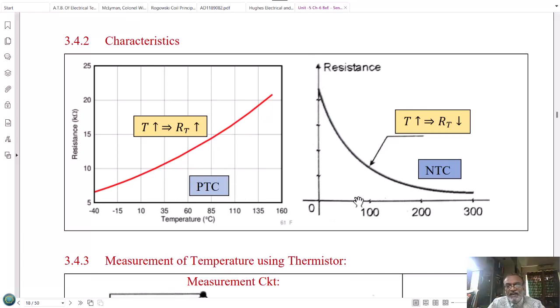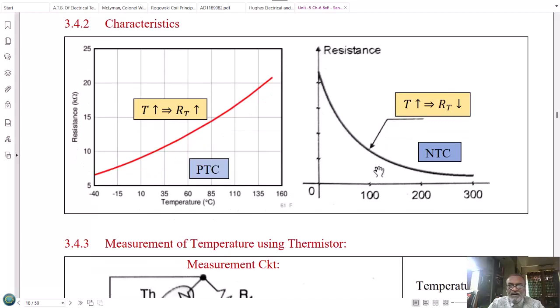Whereas in the second curve, the resistance decreases with increase in temperature. This is a sensor with semiconductor material having a negative temperature coefficient. In both curves, you will see that the change in resistance is a slightly non-linear function of change in temperature.